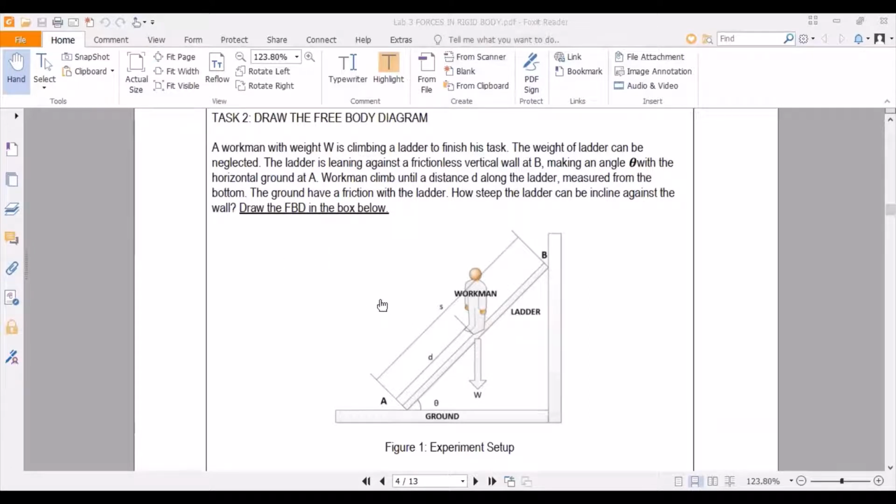Task 2: draw the free body diagram. How to draw the free body diagram: the body should be identified first.